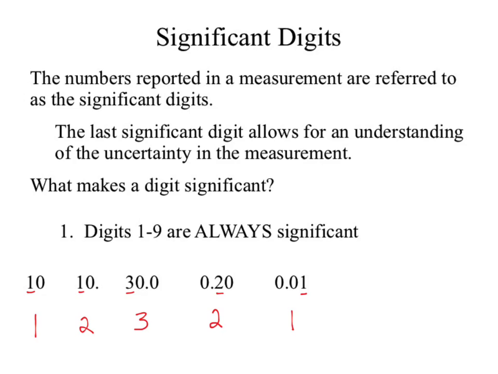Deciding on if the 0 is significant all comes down to the explicit statement of the decimal point. If the decimal point is not explicitly stated, that changes the meaning of the zeros. In our very first number, what is that numerical value? 10. Good. That as a measurement is not actually 10. It is a number between 10 and 19.